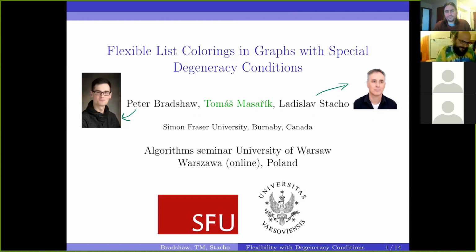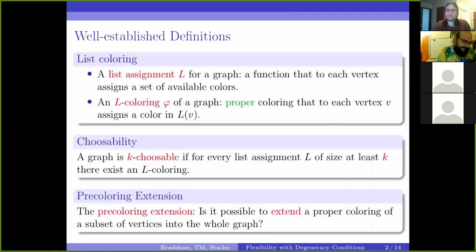So let me start with some classical definitions. My talk will be about flexibility, which is a variant of the coloring problem. So let's start with the coloring problem. We define a list assignment L for a graph, which is a function that gives each vertex a set of available colors to choose from for coloring.